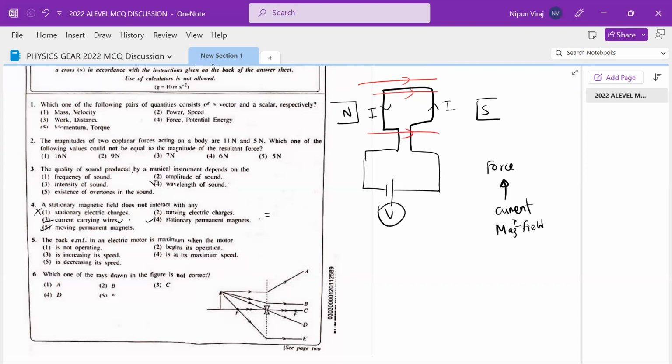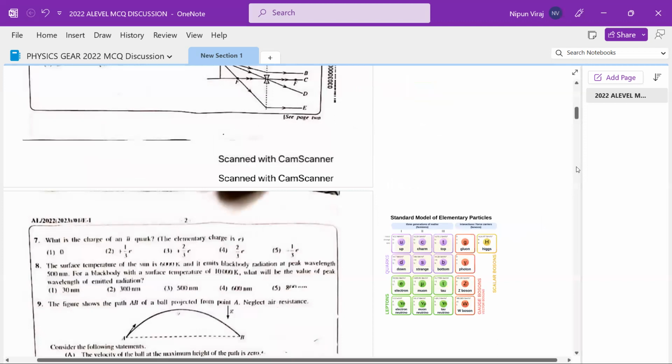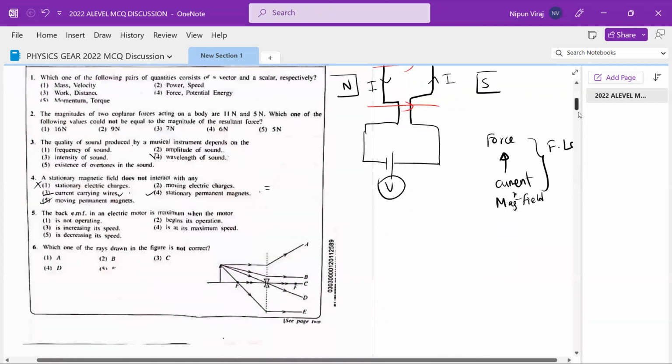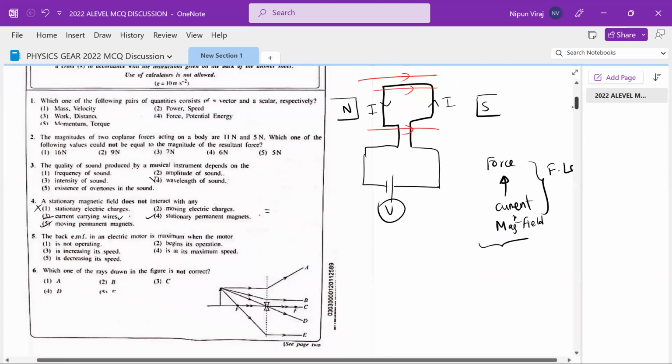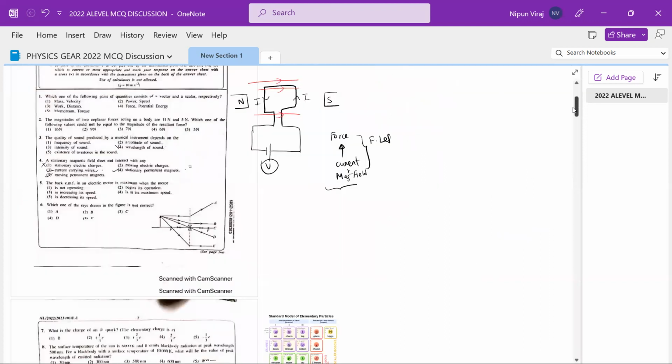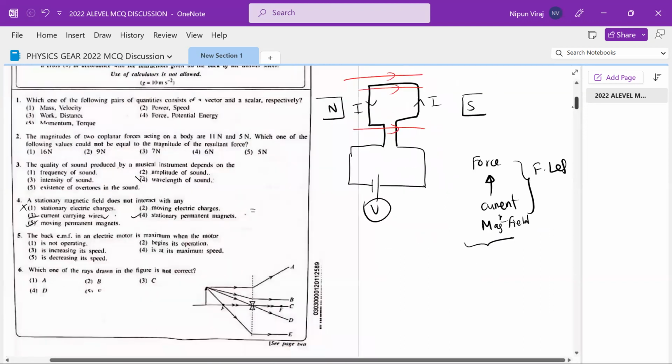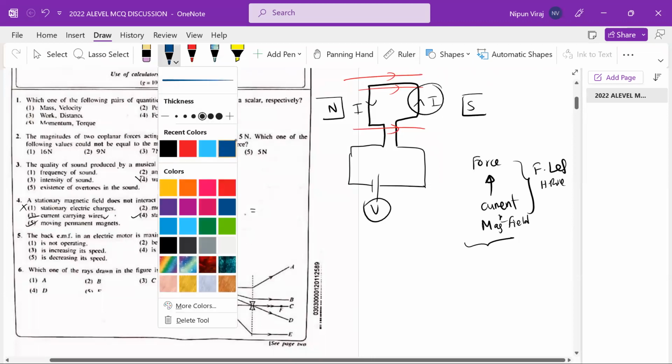If there's a current and a magnetic field, and if you want to find the force, you use Fleming's left hand rule. If you use Fleming's left hand rule, if you take this portion, the current is going upwards, the magnetic field is going from left to right, and you will get force into the page. Do you understand that? Force will be acting into the page.